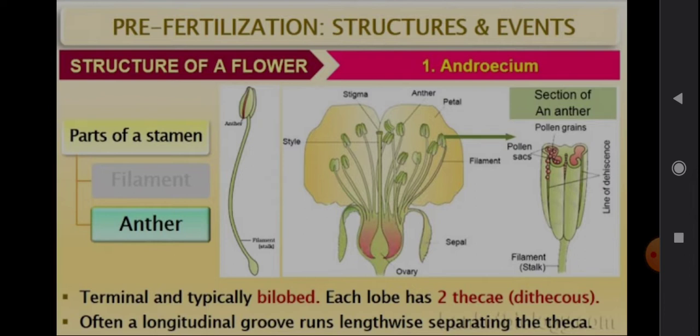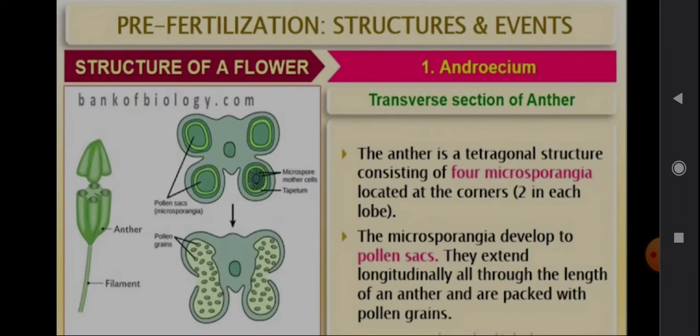Now next you'll be studying this pollen grains. These pollen grains are present in the anther. When they are cut and dissected, you will observe the pollen grains and the pollen sacs.